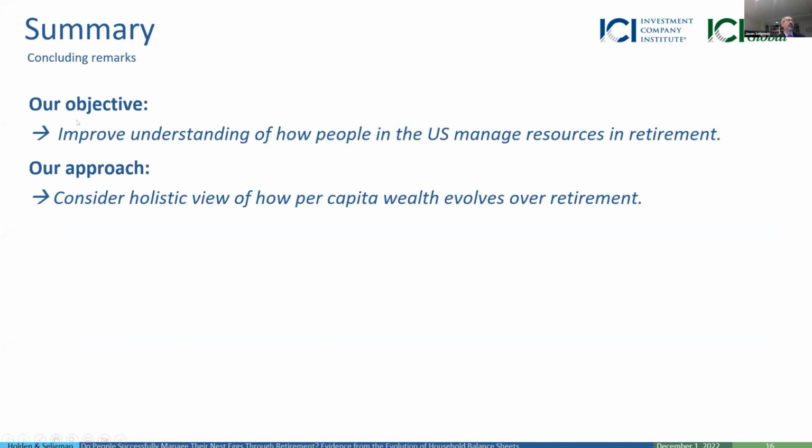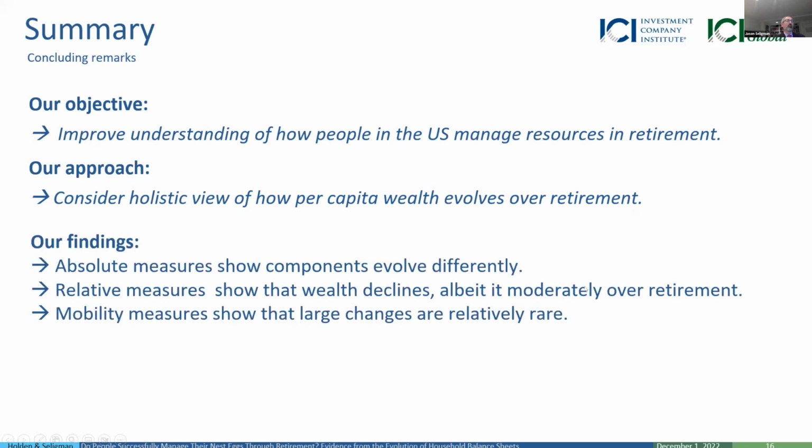Okay, so in summary, our objective was to improve understanding of how people in the US manage their resources in retirement. Our approach was to consider a holistic view of how per capita wealth evolved in retirement. And our findings address the issue that absolute measures show components move differently. Our response, so look at them together.